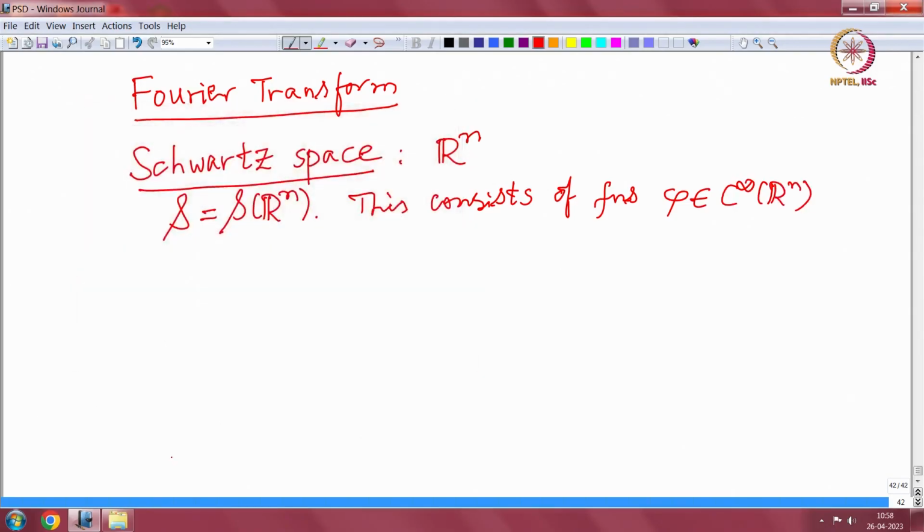Okay, functions which are infinitely differentiable and satisfy the following conditions.